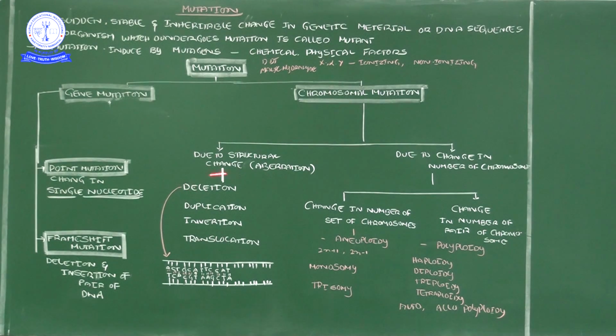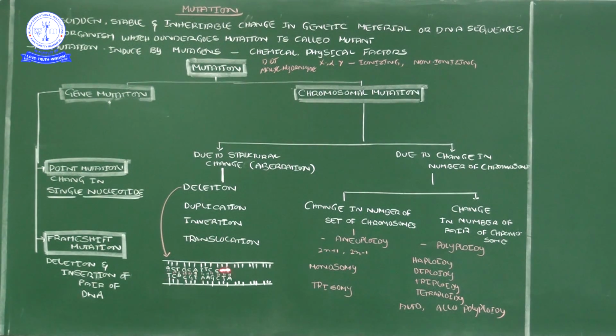That is about changes in chromosomal variations, which also lead to mutations. How they cause mutations: the genes affected by deletion, duplication, inversion or translocation will either express their characteristics or lose them.